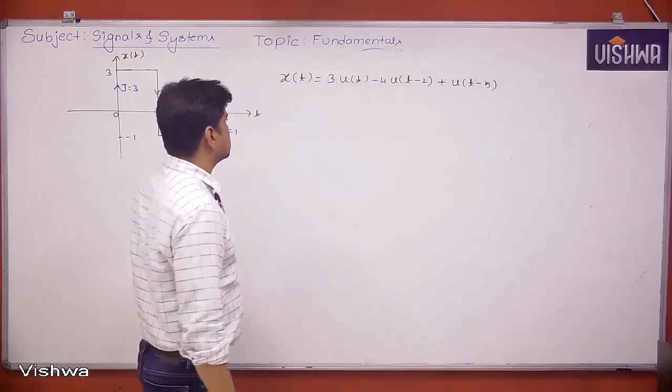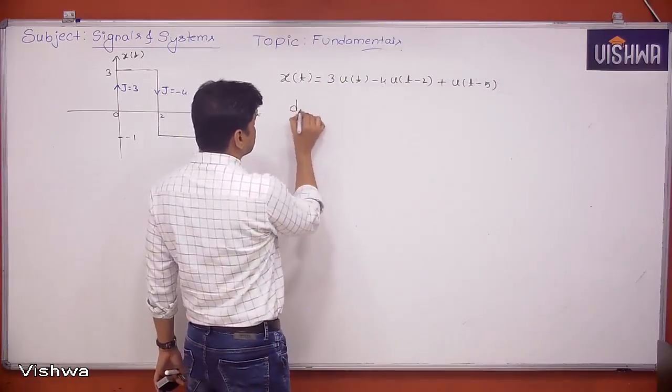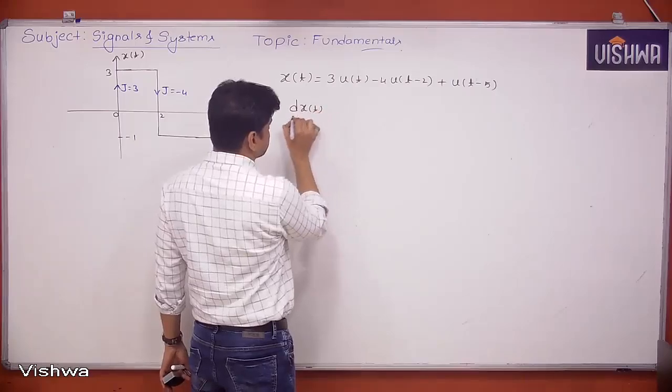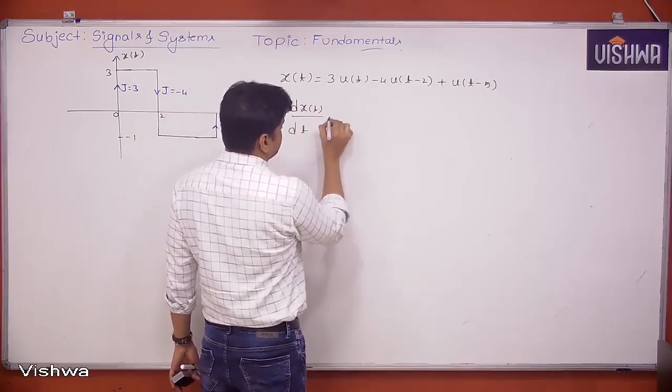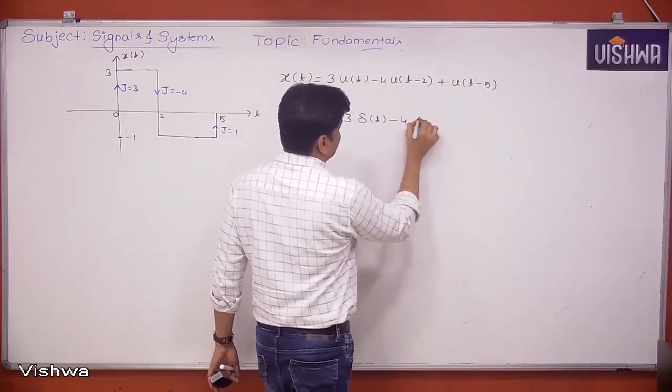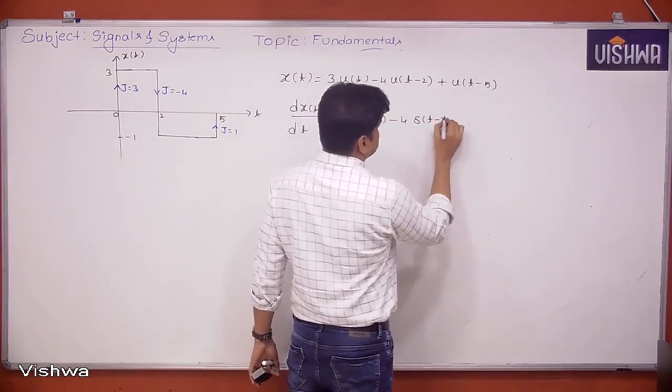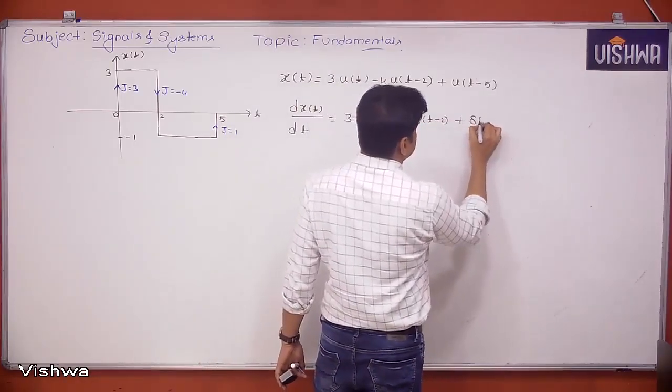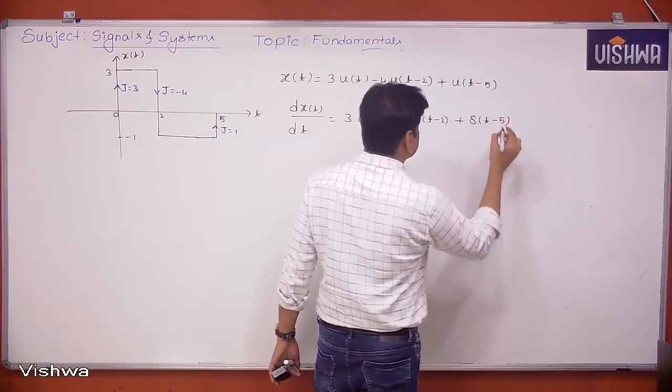That's what it is. Then to draw dx of t by dt, we are going to get 3 delta t minus 4 delta t minus 2 plus delta t minus 5.